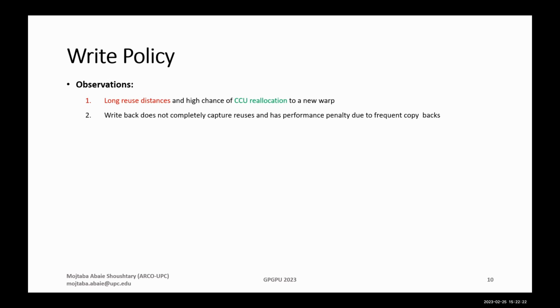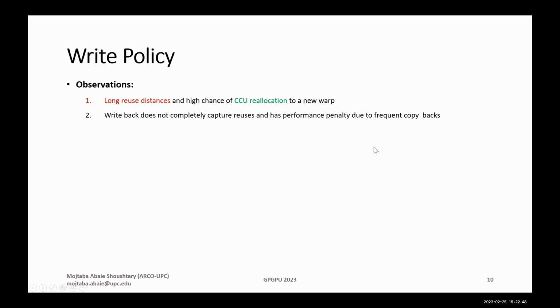So in this system, when we aim to reduce the size of the cache to make it efficient, and when we use the write-back policy, we have the issue of frequent write-backs to the main register files.